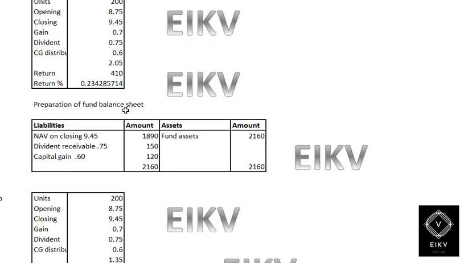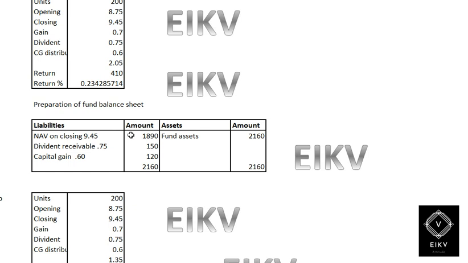Now the preparation of the fund balance sheet. If it is distributed, then how will the fund balance sheet look? Balance sheet is in a T-shaped structure, and we have two areas, assets and liabilities.